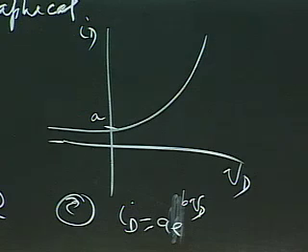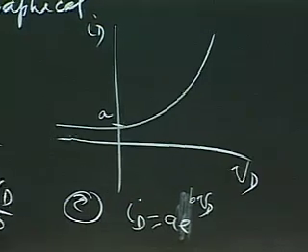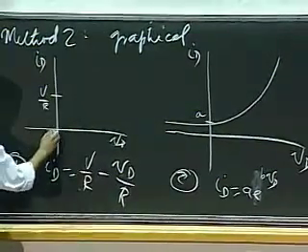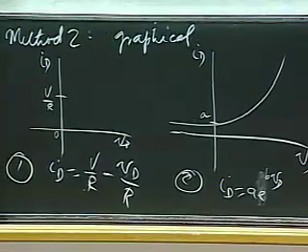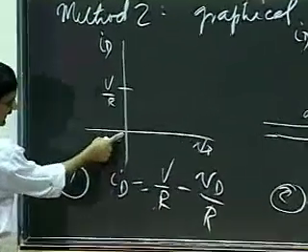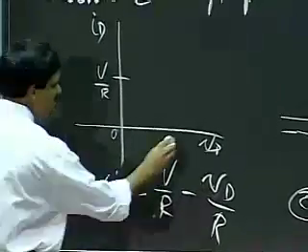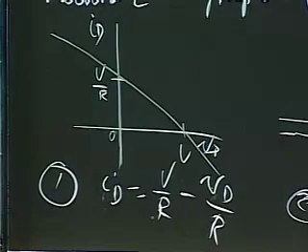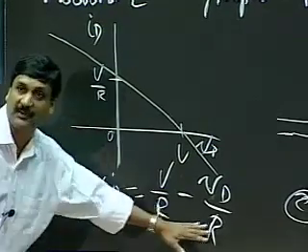It says that when VD is 0, ID is V divided by R. So that's here. And similarly, when ID is 0, then VD is equal to V. So I get something here. That's my straight line relationship corresponding to this equation.